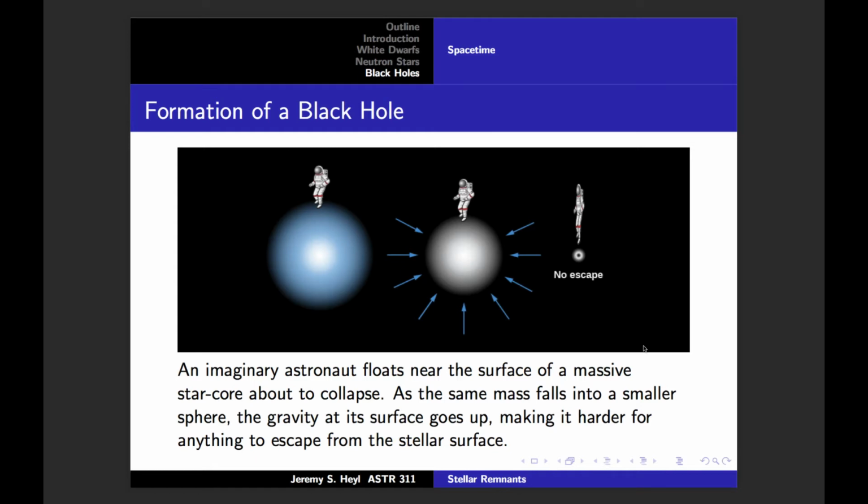So it continues to collapse, and eventually the escape velocity from the surface exceeds the speed of light. And at that moment, since nothing can go faster than the speed of light, nothing can get out of that surface.